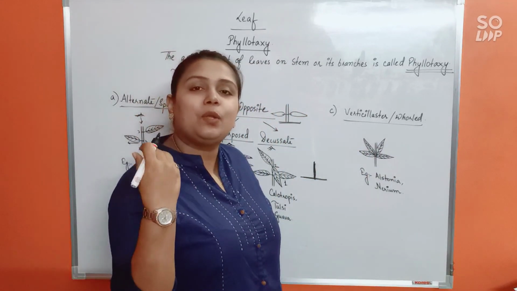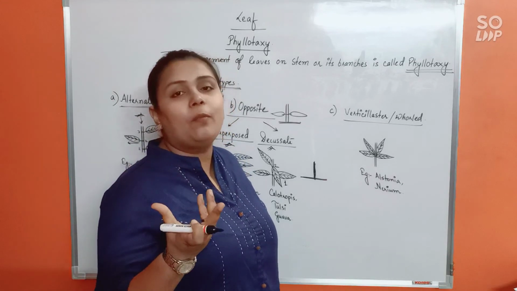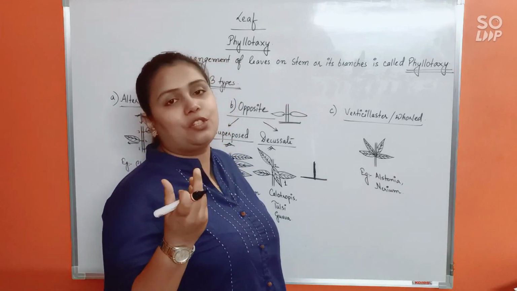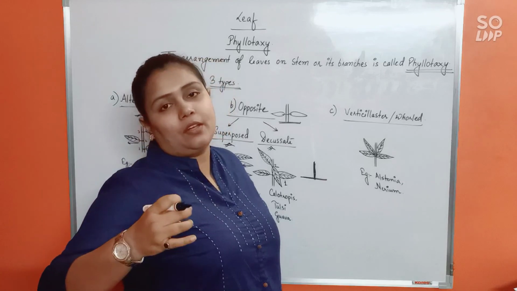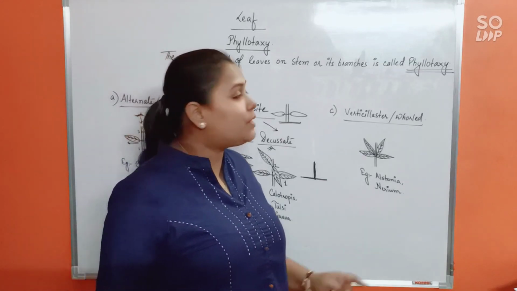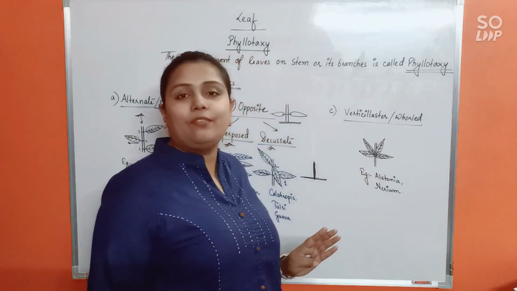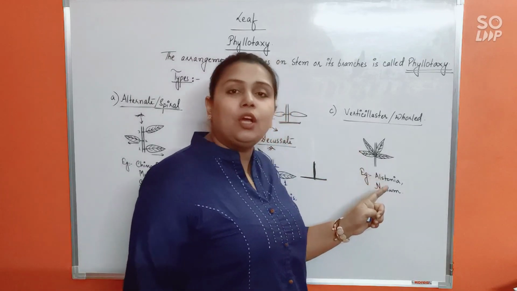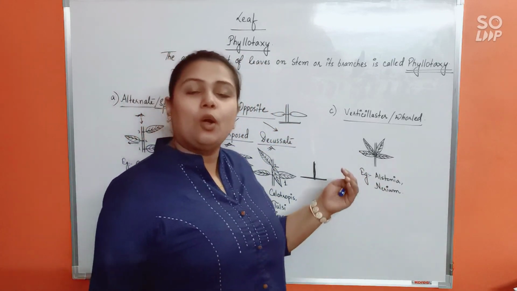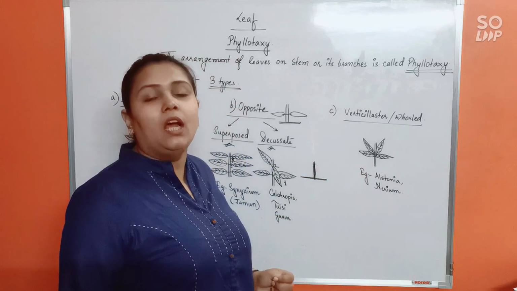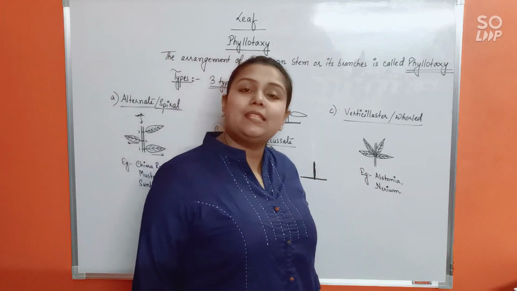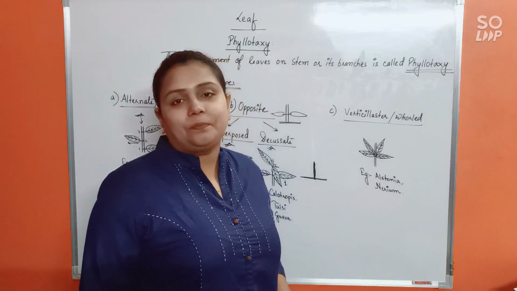That means the leaves will seem to be arranged in the form of a flower, circularly arranged, keeping the node as the center. So that's why it is known as whorled or verticillate phyllotaxy. So from a single node, more than two leaves arising is whorled or verticillate phyllotaxy. Examples will be Alstonia and Nerium.